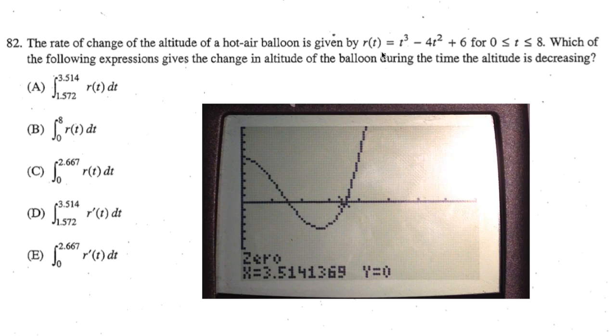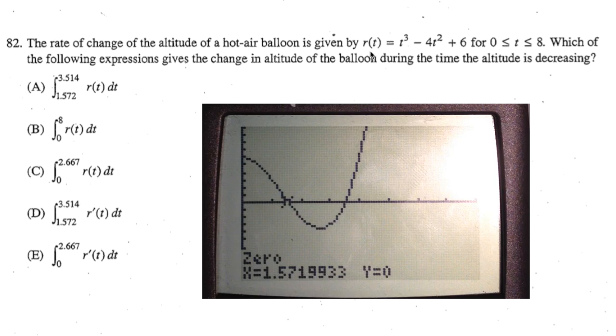We can write that down somewhere so we don't forget it, and then we calculate the other zero, which is 1.572. Now that we know the interval in which it's decreasing, we can set up our integral.